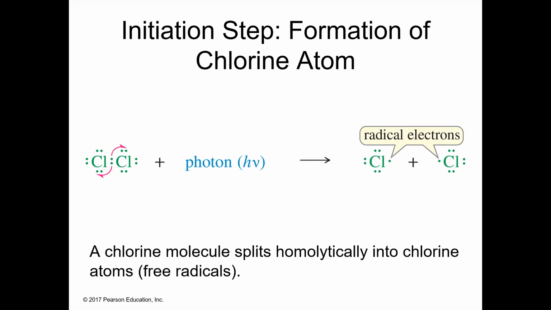That indicates the movement of one electron, rather than a pair of electrons. We use an arrow with 2 barbs on the head to show movement of a pair of electrons. This is movement of a single electron. So one electron goes this way, one electron goes this way. And so we split the chlorine molecule into 2 chlorine atoms, which are also free radicals, since they have this odd electron.